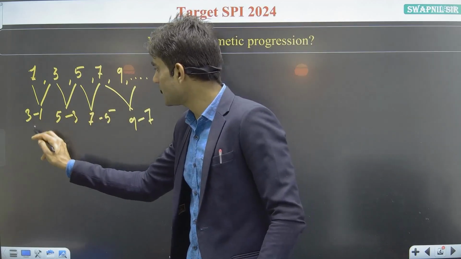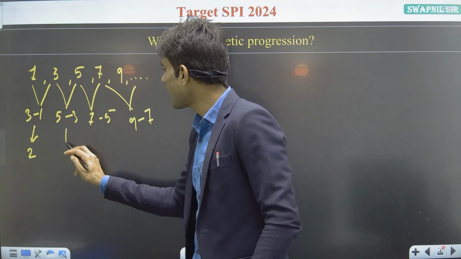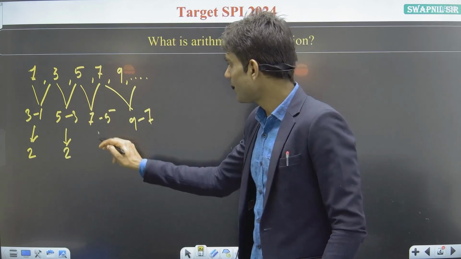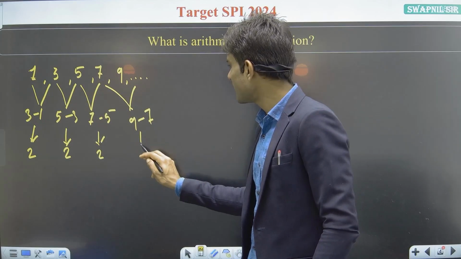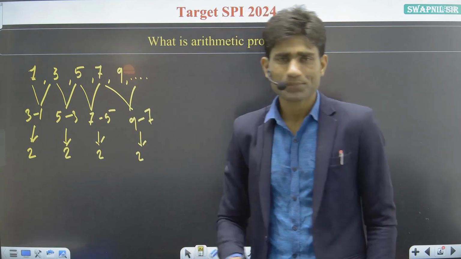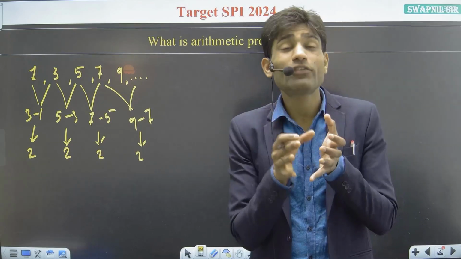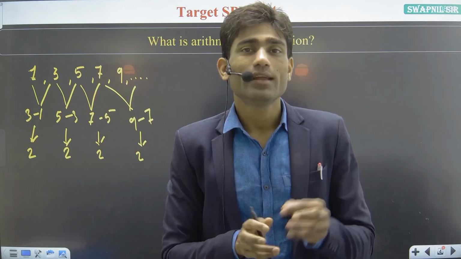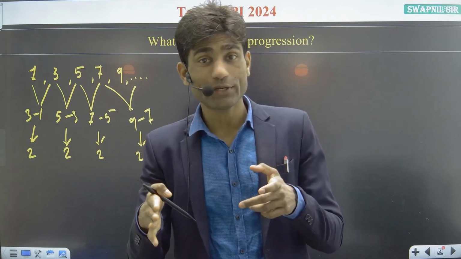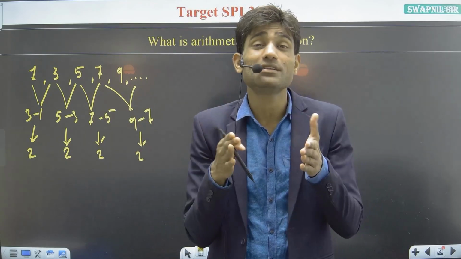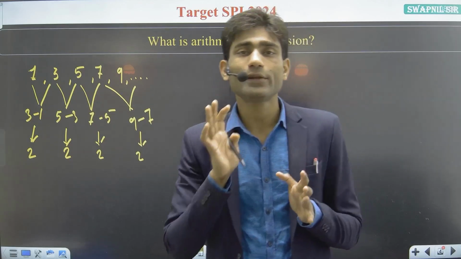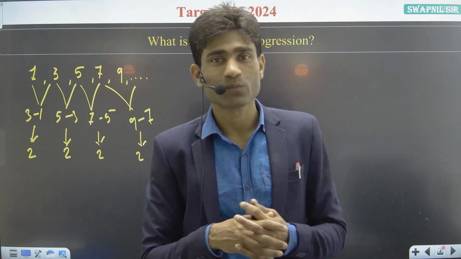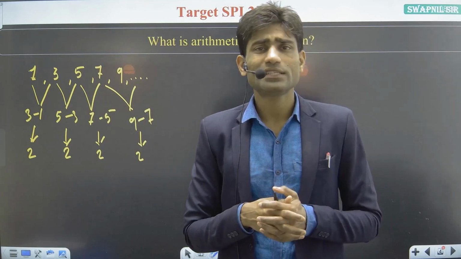3 minus 1 is 2. 5 minus 3 we get 2. 7 minus 5 we get 2. Again 9 minus 7 is also 2. Now see that the difference between two consecutive terms remains the same everywhere. When the difference between two consecutive terms remains the same, then we consider it an arithmetic progression. See how easy the definition is.